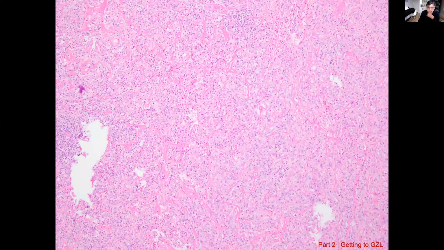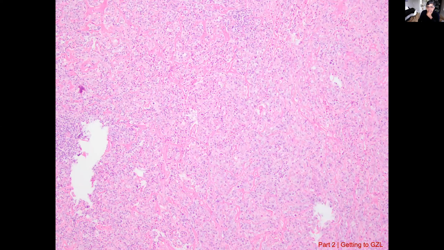So under the microscope, when you see there is compartmentalizing sclerosis, yeah, we can see that there is fibrosis, there are nodules, and we don't really see cells here at this power. So we cannot quite jump to say that this is Hodgkin lymphoma. And then when we look at higher power, we do see that there are sheets of cells over here.